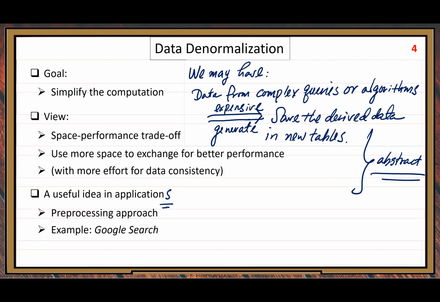How fast can you do that? Because that result is generated on the derived data, not on the original data.